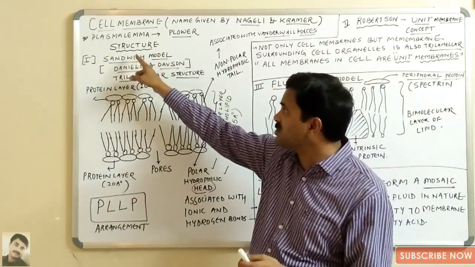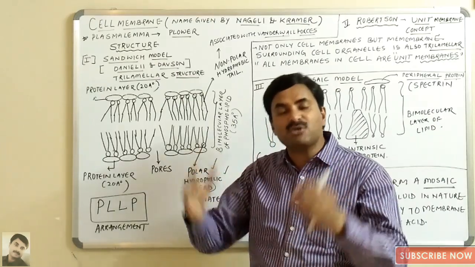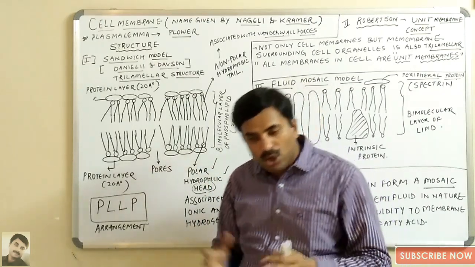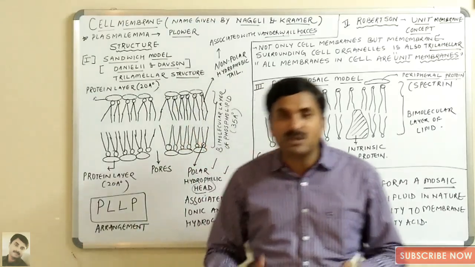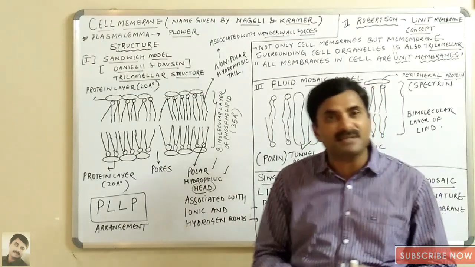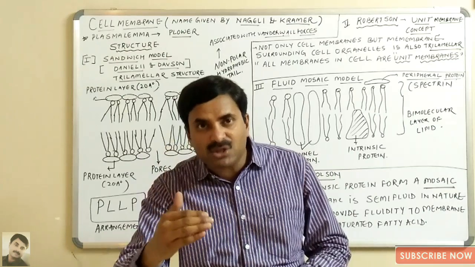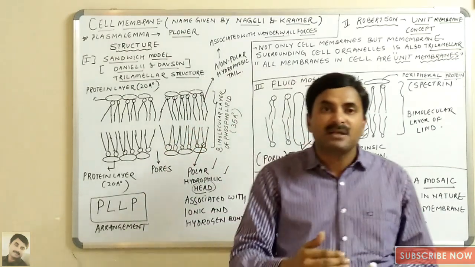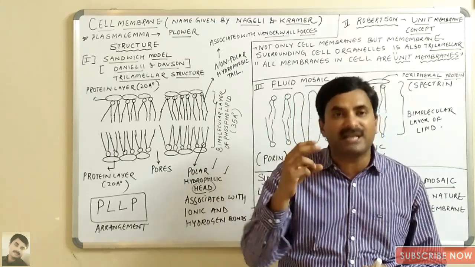The first model is known as the sandwich model. The sandwich model was given by two scientists known as Danielli and Davson. This model is also called the trilamellar structure. Now the question arises, what is a trilamellar structure? The trilamellar structure suggests that the plasma membrane is made up of altogether three layers.